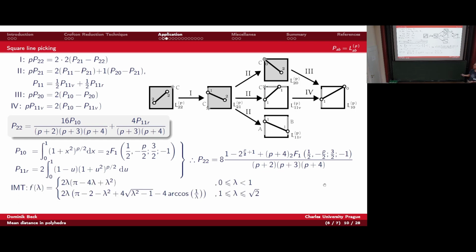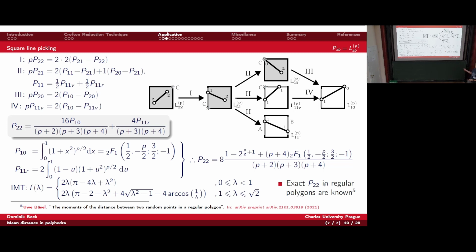Just use IMT and you are done. Well, I hope all of you know what IMT stands for. It's the inverse Mellin transform. So you can deduce the distribution from the moments by using the inverse Mellin transform. This distribution is, however, known, but I will show you what is not known.